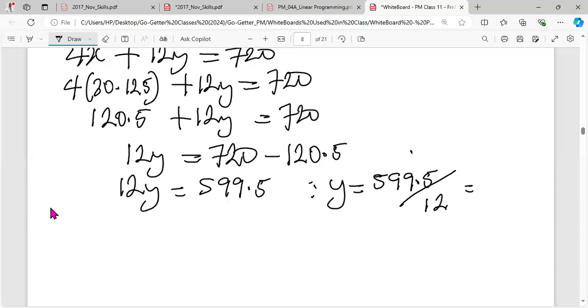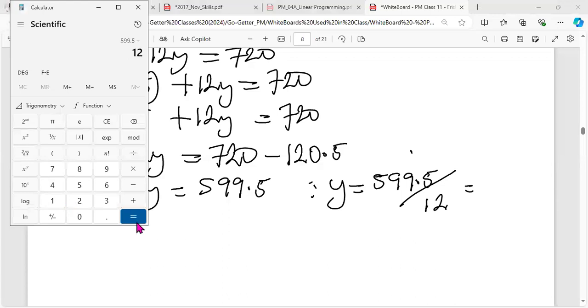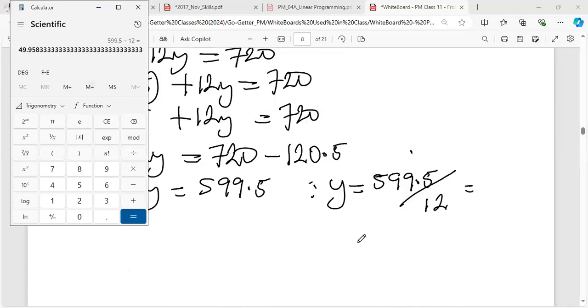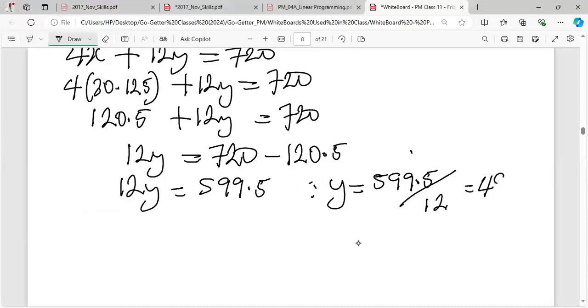Now let's divide this by 12. Wow. We have 49.96. Okay, that time we did 3 decimal. So 49.958. So we can say 49.958.